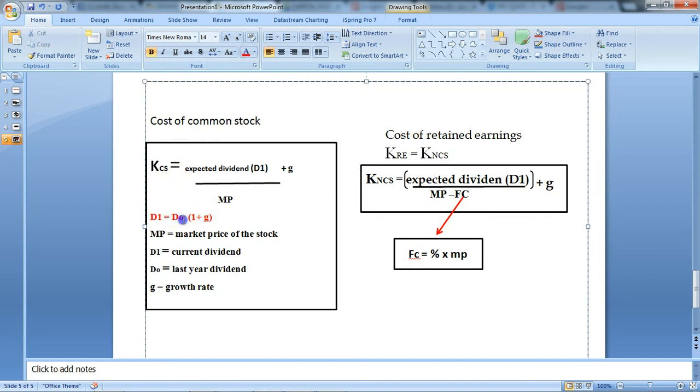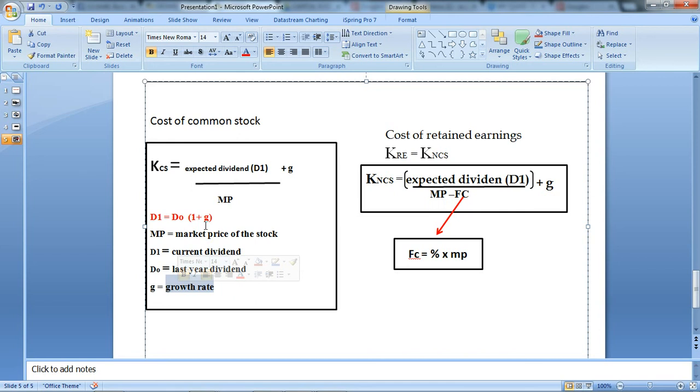D0. D0 is the current dividend, so the dividend for last year, the current dividend, the previous dividend. You need to multiply it by 1 plus g. g is the growth rate, meaning how much the dividend will be next year. Maybe this year is 1 ringgit, and next year will increase by 2 to 3%. Correct?